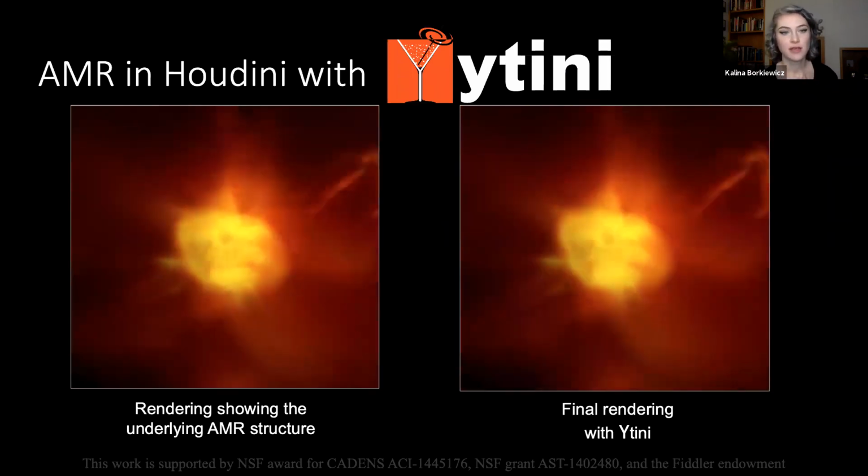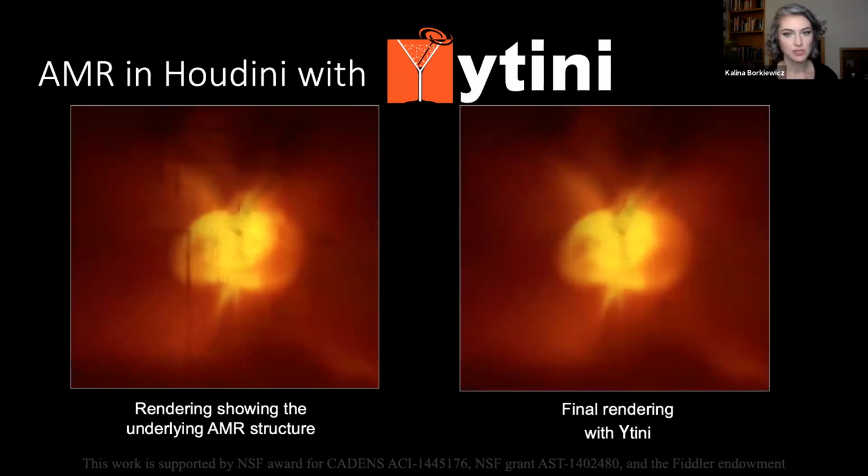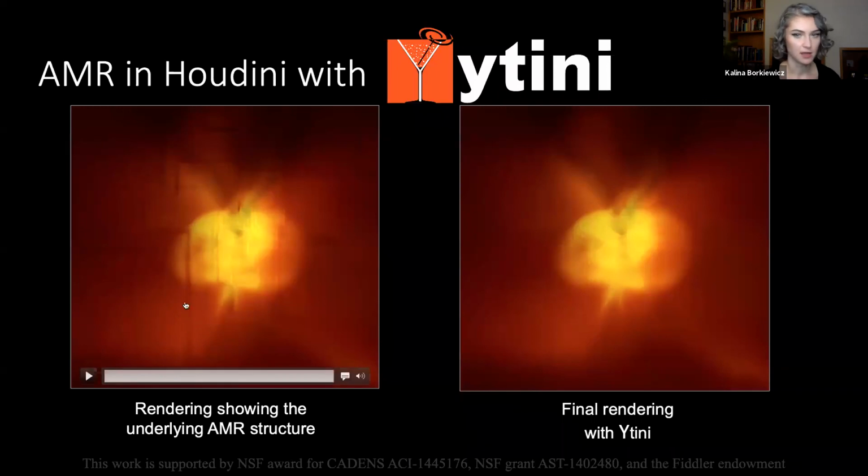Here's a rendering of an AMR dataset done in Houdini with YTini. Our team had been dealing with AMR data for decades, and this is the first time that we've been able to render it in visual effects software as opposed to scientific software. On the left is an early attempt, which I like to show because it has these visible lines that show the different AMR grid levels. And on the right is the final seamless rendering.